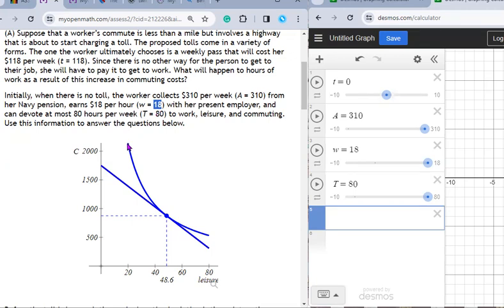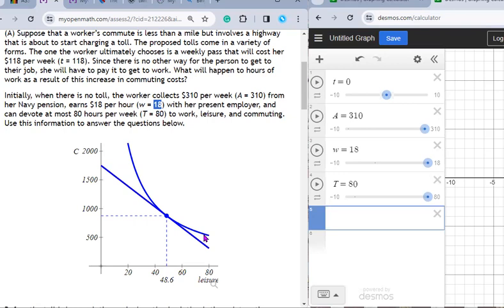So in order for her to want to have an additional hour of leisure, she's willing to give up a lot of consumption to get that extra hour of leisure, because leisure is scarce and consumption is not. Down here, the opposite is true.